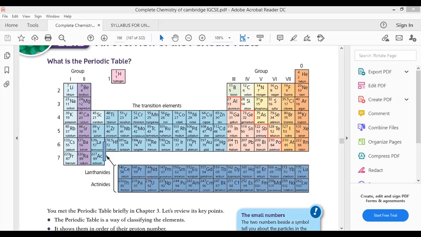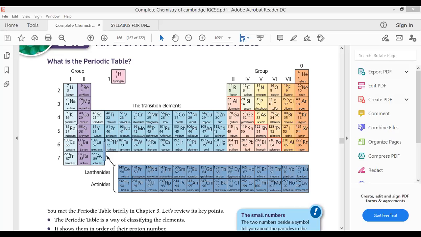What do you think this central part is, which block do we call this one? Blocks means 4 blocks. First, what are the names? S, P, D, and F. Where is S? Look at the board.